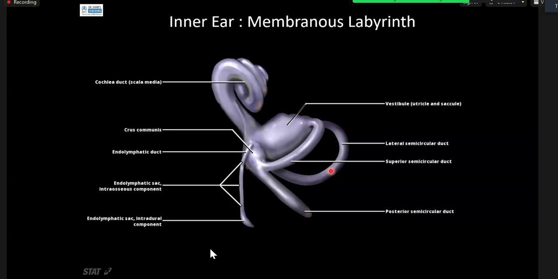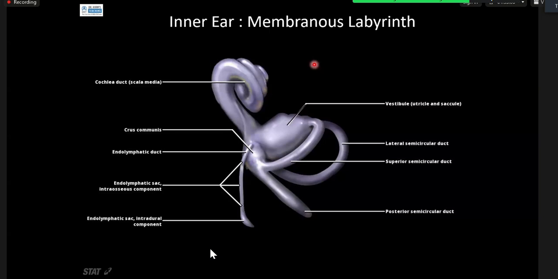But you should have a general idea of the cochlea and how it looks on a CT scan, and this is the vestibule, which is made up of utricle and saccule. This is the superior semicircular canal, the lateral semicircular canal, and the posterior semicircular canal. So this is what we call the membranous labyrinth.